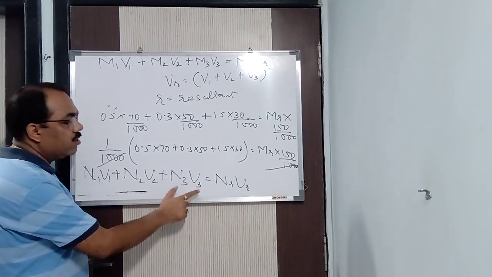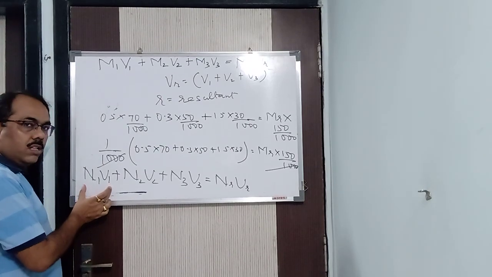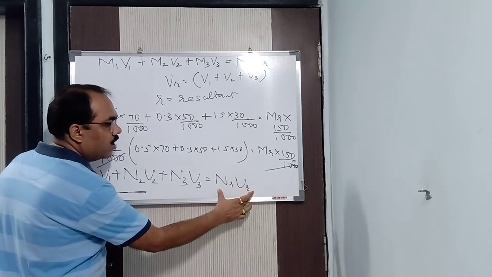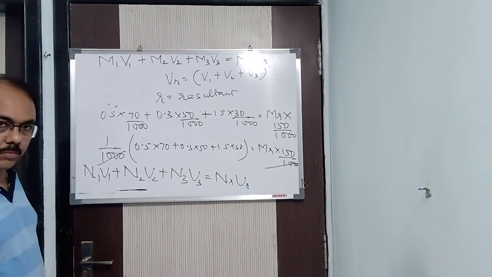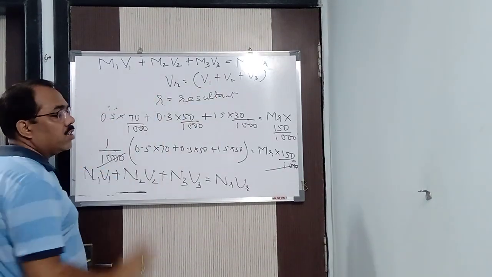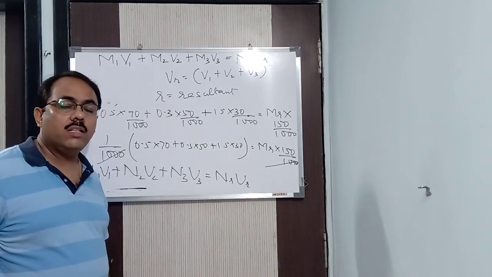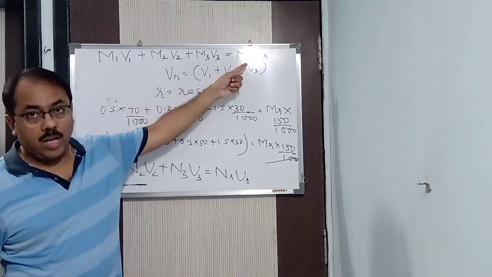Similarly for normality, the same thing. We convert into number of equivalents. This is number of equivalents, this is number of equivalents, this is number of equivalents. So I get total number of equivalents. So ultimately I got the formula: when two or more solutions of the same kind are mixed with one another, the resultant concentration can be calculated using this formula.